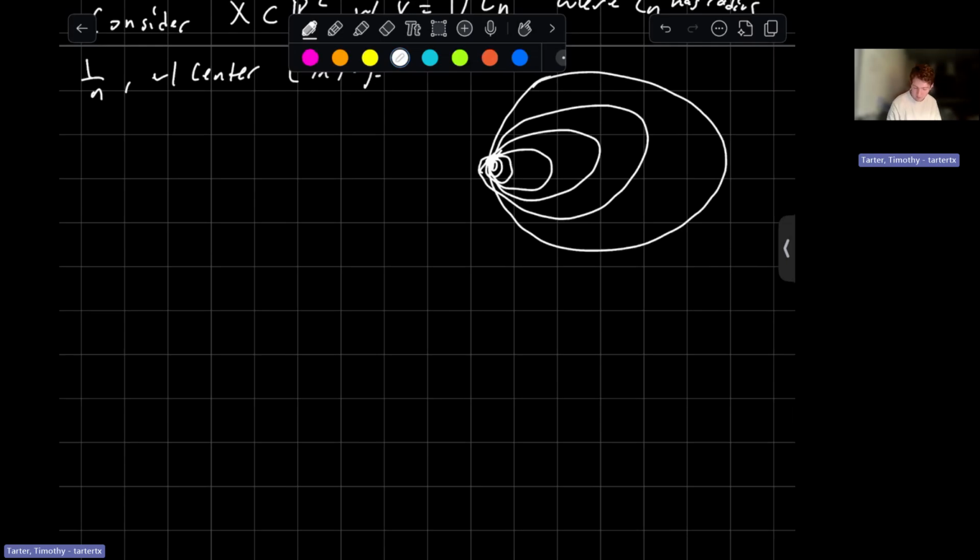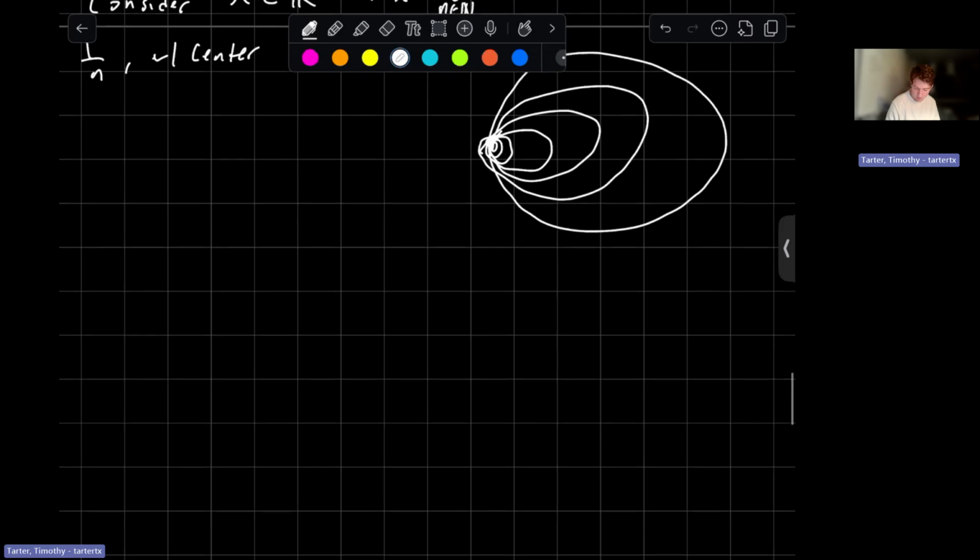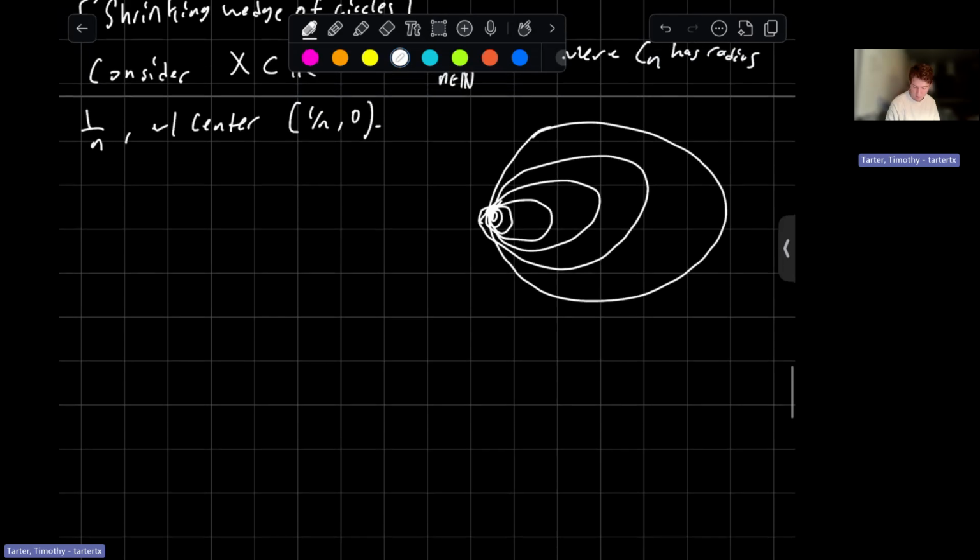At first glance, one might confuse X with the wedge sum of an infinite sequence of circles, but we will show that X has a much larger fundamental group than the wedge sum.